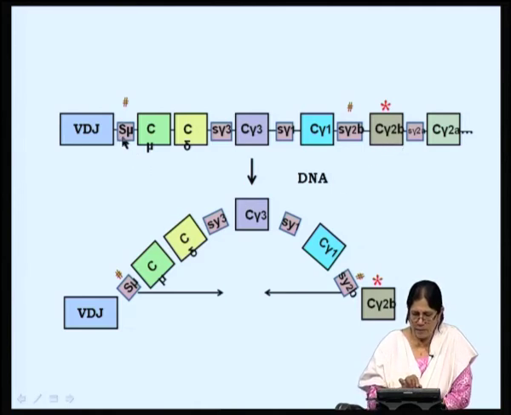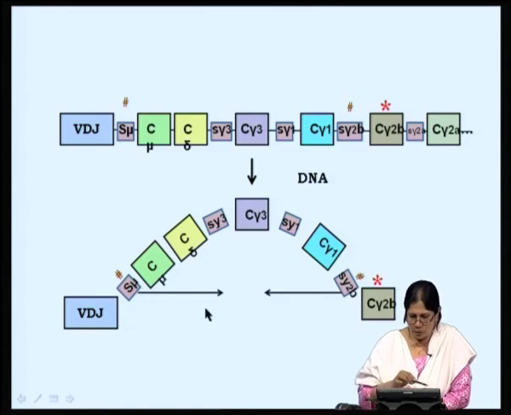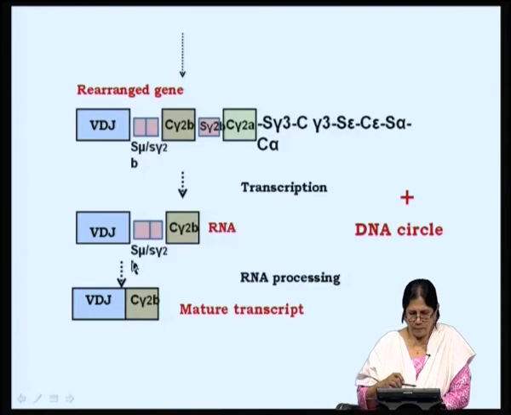This happens by the switch region genes coming in close proximity, and then you have the deletion of all the sequences which were in between the M and the IgG2B. There is recombination between the switch region S mu, for the mu or IgM, and gamma 2B.